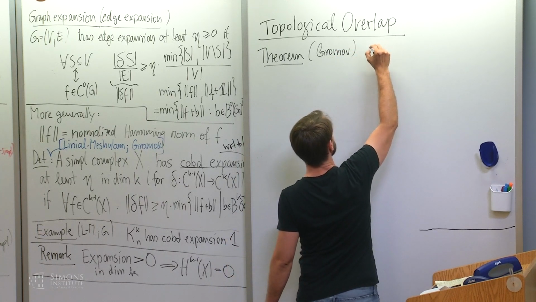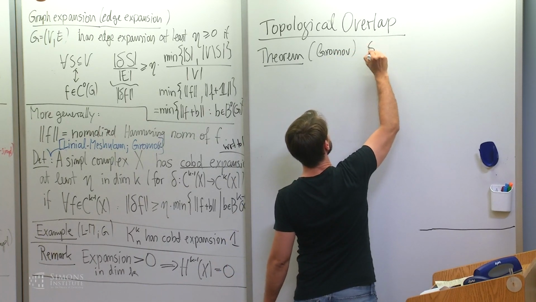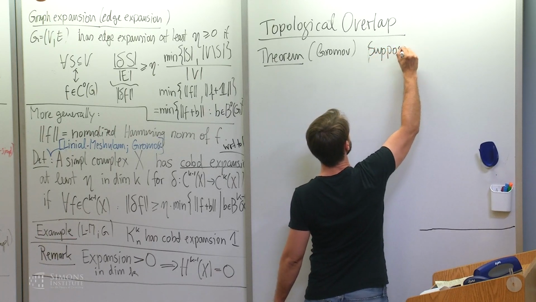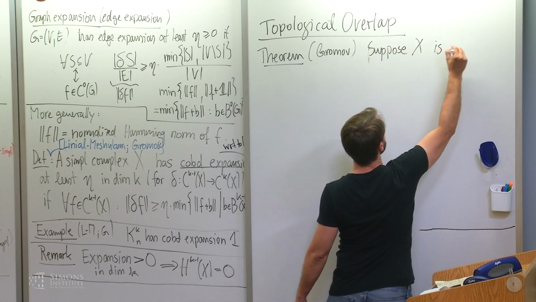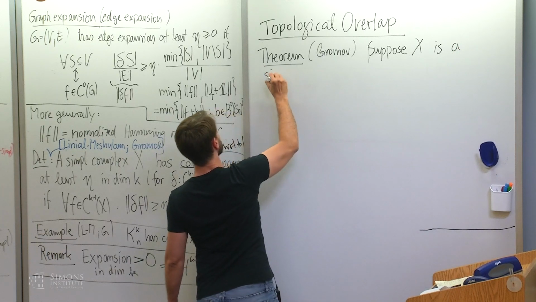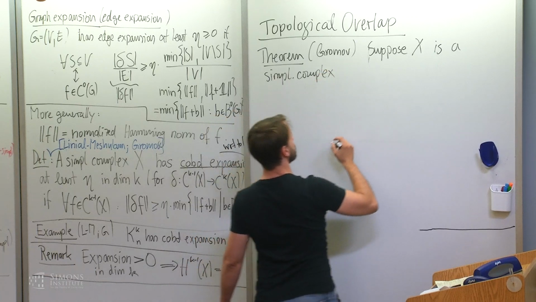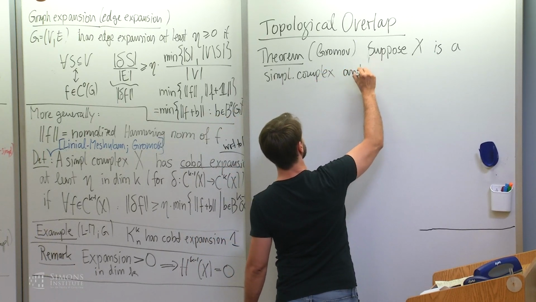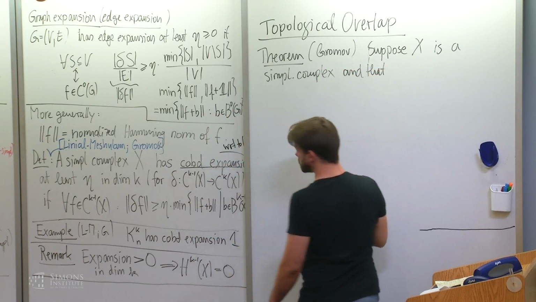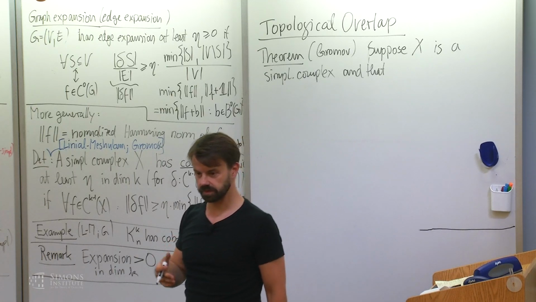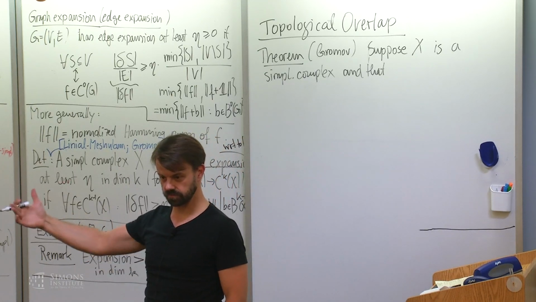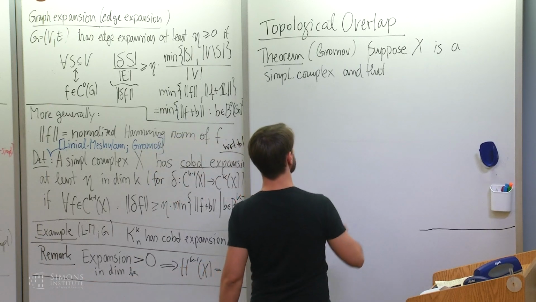Suppose X is a simplicial complex, and that we can say something about the co-boundary expansion in dimension 1, 2, and so forth up to some dimension d that we like.